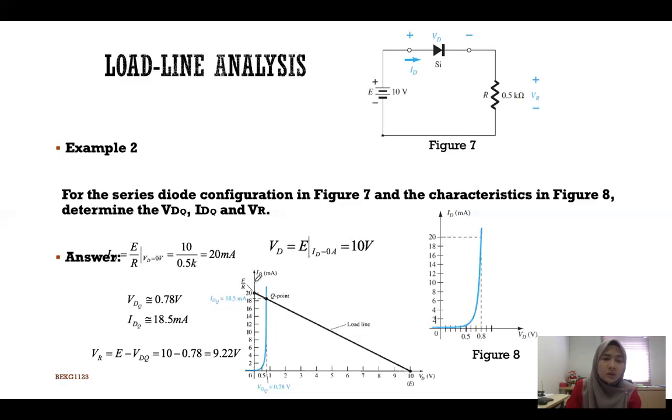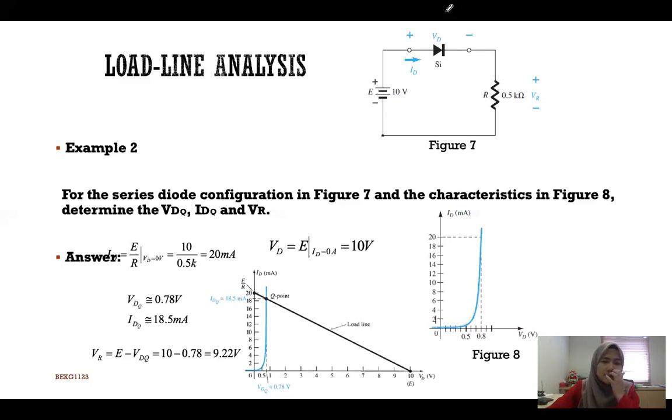In order to determine the load line, you need to determine the intersections: the value of VD when ID is equal to 0, and the value of ID when VD is equal to 0.